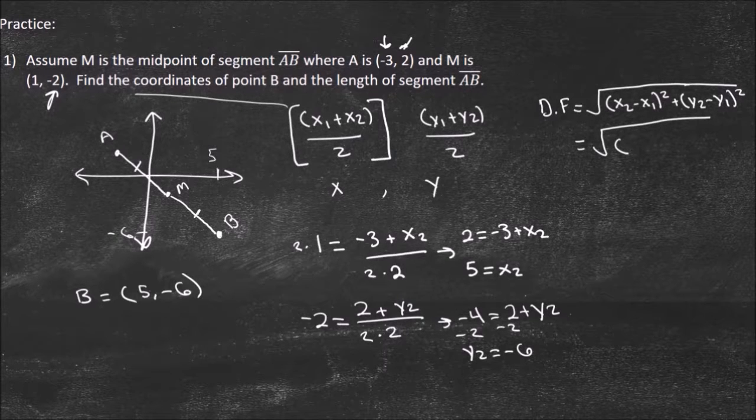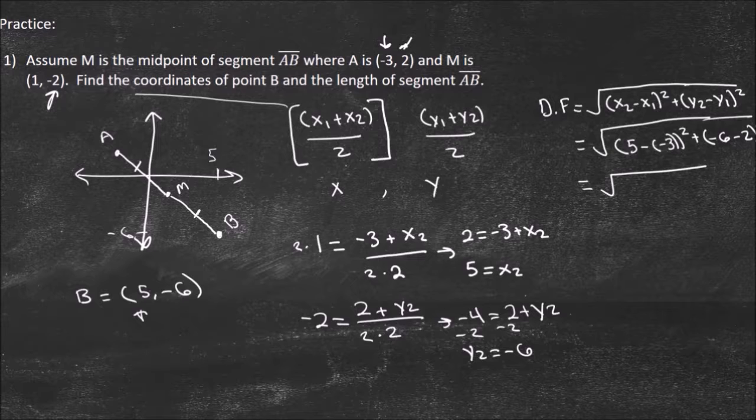My x2 is now this point here of our B, so it's going to be 5 minus negative 3, because that's our point A, x coordinate, plus, and now negative 6 minus 2 squared. So 5 minus negative 3 is 8 squared, plus negative 6 minus 2 is negative 8 squared.